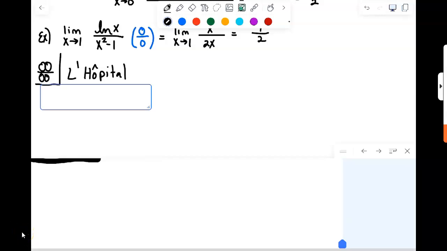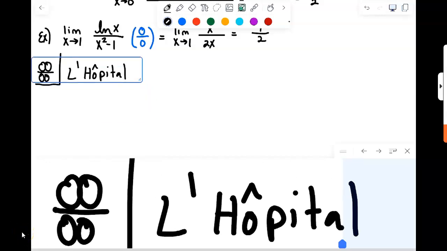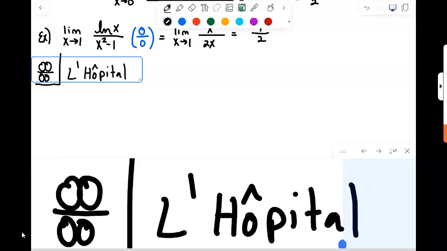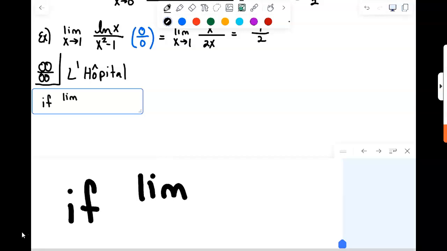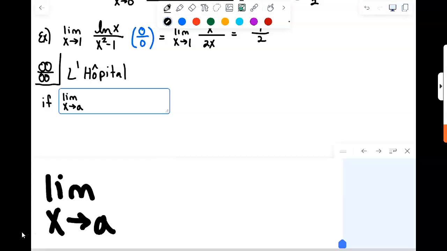Okay, so now we're ready to talk about the variation of L'Hopital's rule that applies to infinity over infinity. Let me say the following. If the limit as x approaches a, now I'm stating it as approaching a letter A. There's actually variations on this that I'll mention in a moment.